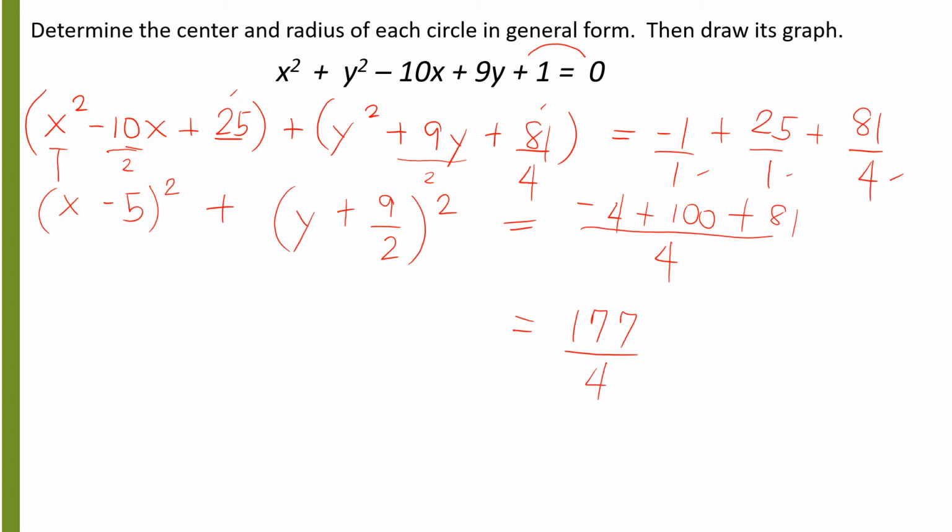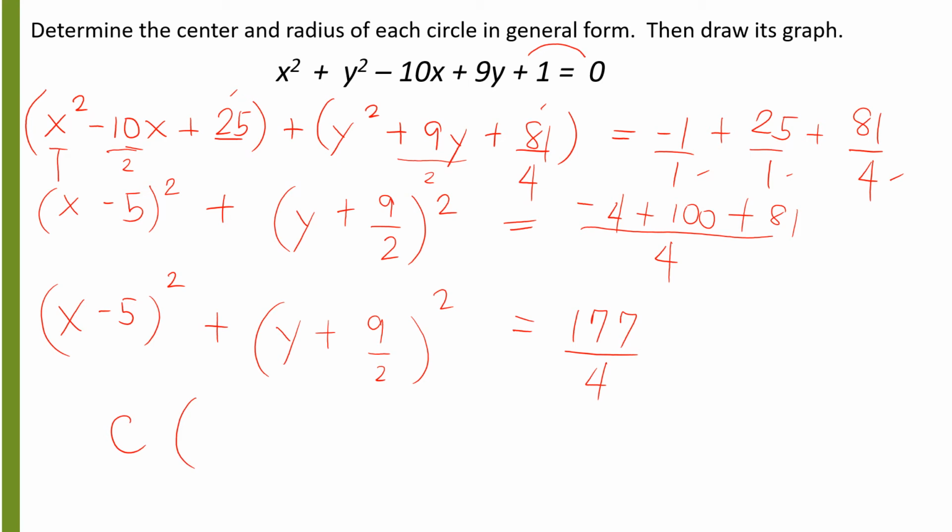Sa kaliwa, kopyahin lang natin yung x minus 5 quantity squared plus y plus 9 over 2 quantity squared. At syempre pa, malalaman na natin sa pamamagitan nito ang center at ang radius. In this case, ang center natin, x minus 5.